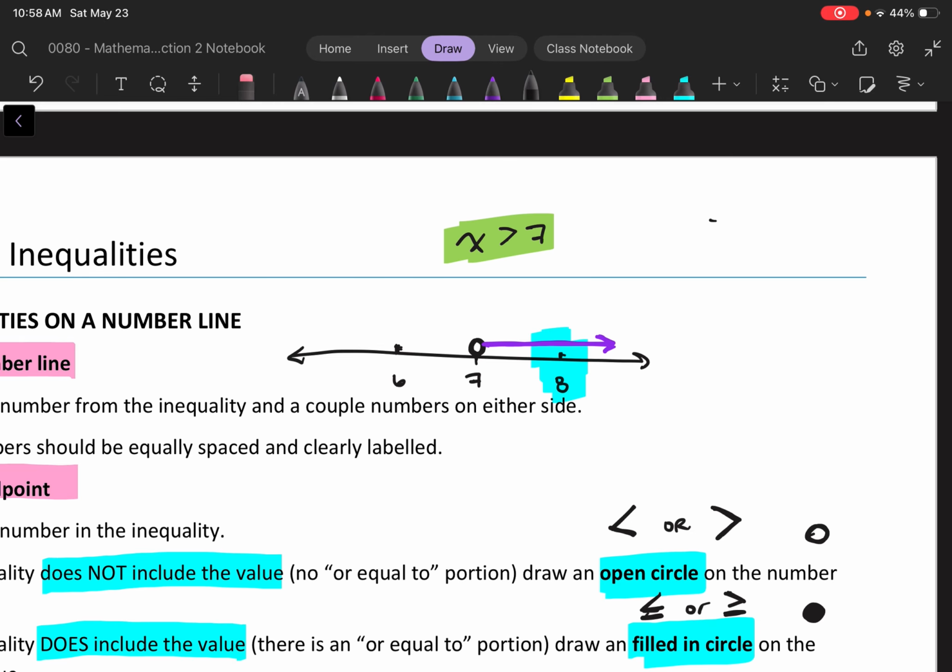So if we go up here, we've got an inequality in standard form. If I take a look at that inequality symbol, I could pretend almost that it looks like an arrow. And I'll notice that the arrow of my inequality will match my arrow on my number line in terms of directionality. But that is only if the inequality is written in standard form.